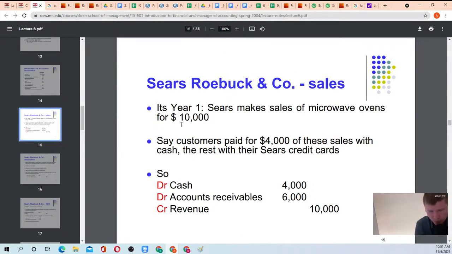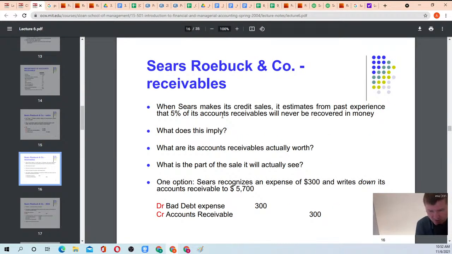Now, what do we do with accounts receivable? Let's say we sold 10,000 worth of microwaves and got 4,000 cash, and the 6,000 we don't get at the moment of sale, so we recognize the receivable here. Now, Sears, which doesn't even exist anymore, but back in the day they knew that from credit sales, from accounts receivable sales, they recorded 5% as a provision for receivables.